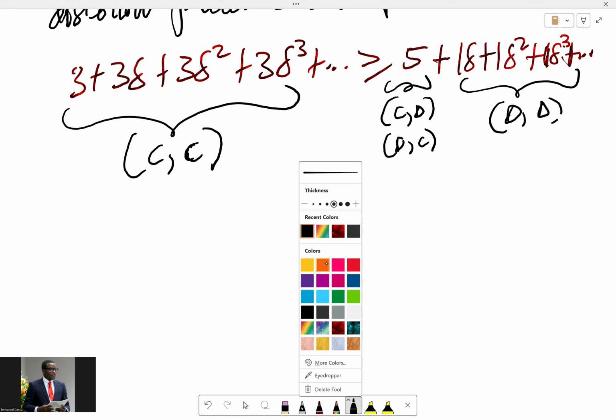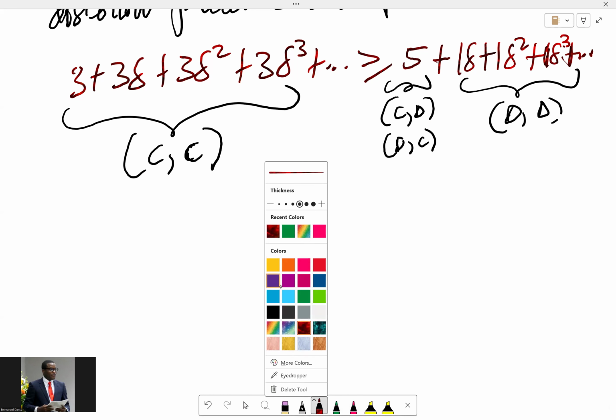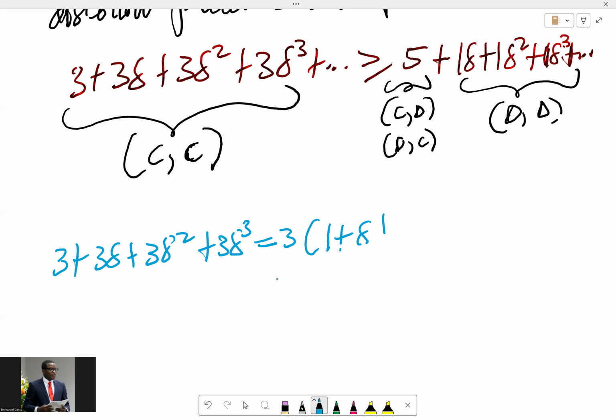Let me get other markers. So you see that 3 plus 3 delta plus 3 delta squared plus 3 delta cube is the same thing as 3 into 1 plus delta plus delta squared plus delta cube, and so on and so forth.